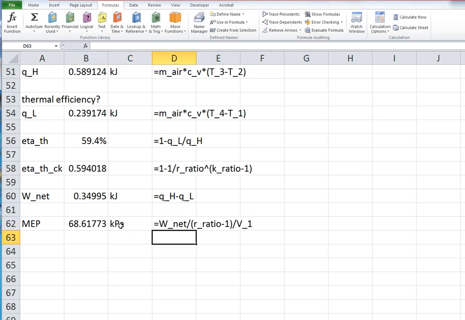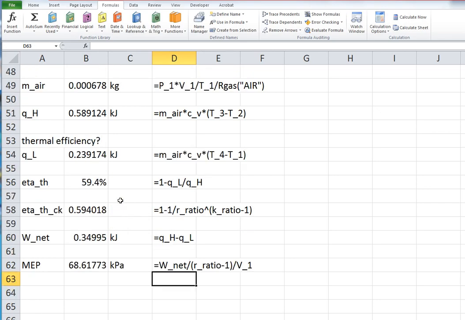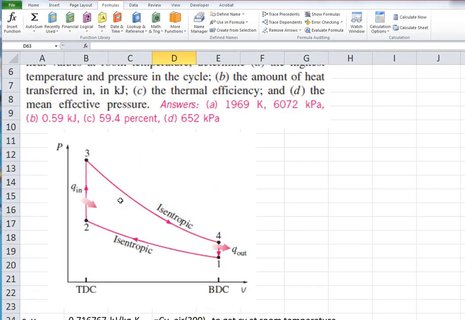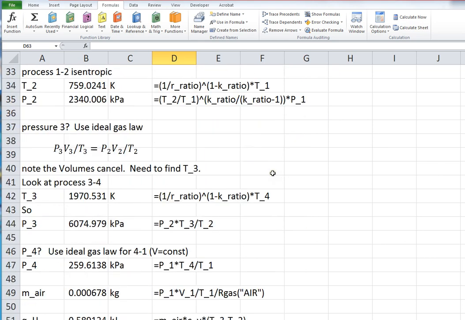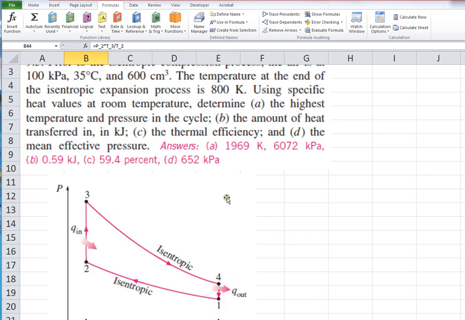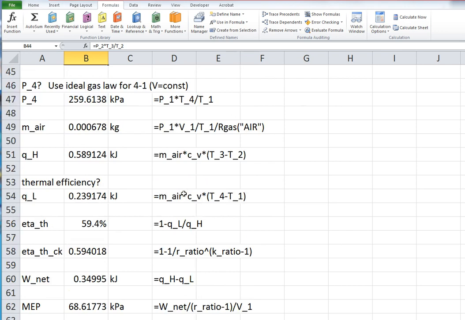And I'm almost afraid to look, but we've got some answers to compare to. How'd we do? Let's see. He said we should have 1969 degrees K and 6072 kPa. So we got 1970 and 6094 kPa. So I think we probably had a slightly different value for the specific heat, is my guess on that. 0.59 kilojoules, 59.4%, and 652 kPa.